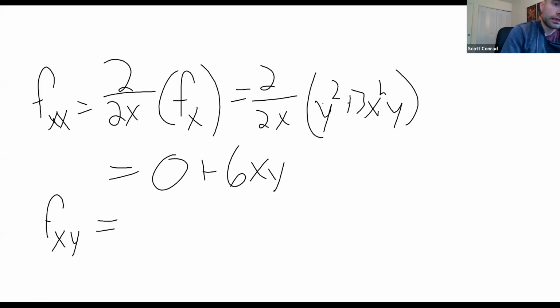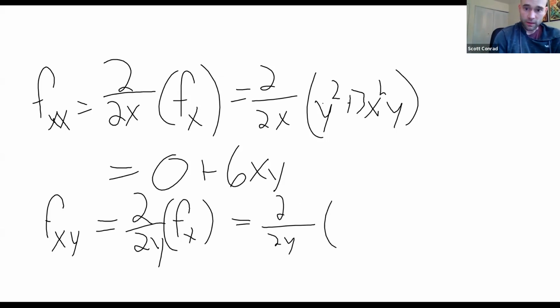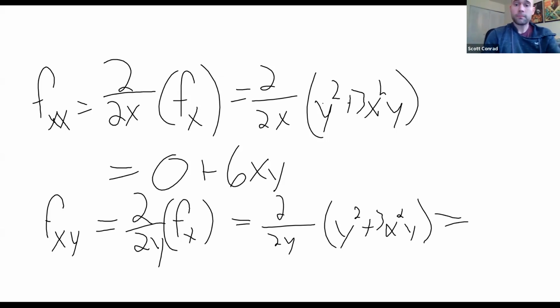F sub xy is, first we're taking the partial with respect to x. Then we're taking the partial of that with respect to y. So the partial with respect to x is that y squared plus 3x squared y. Then we take the partial of that with respect to y. The y squared becomes 2y.